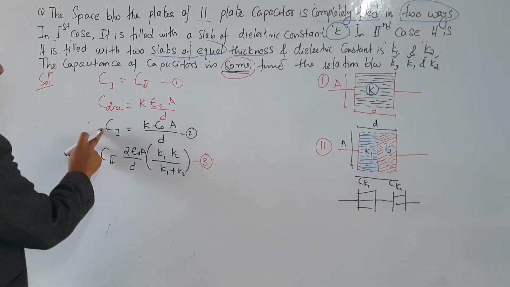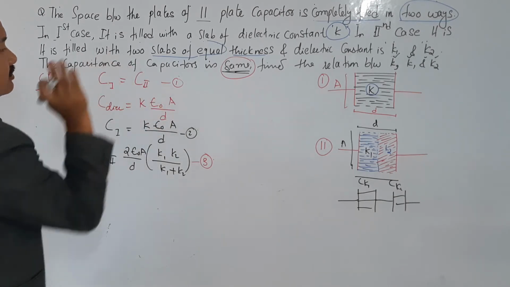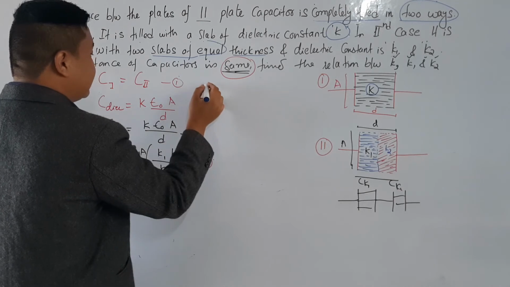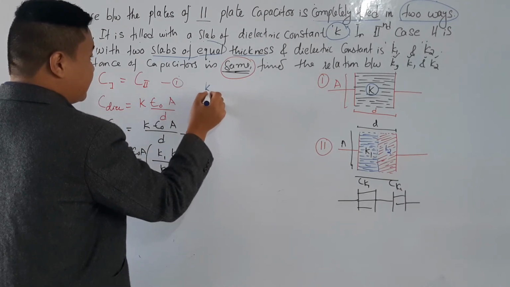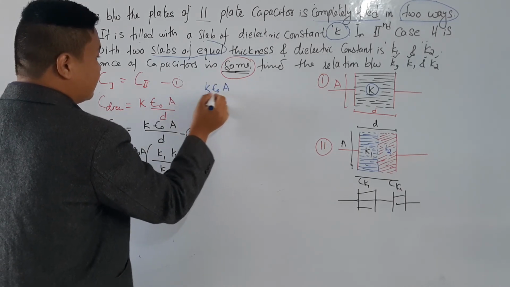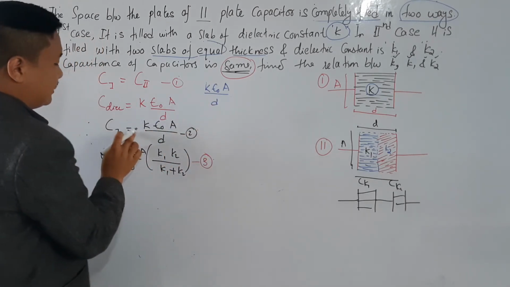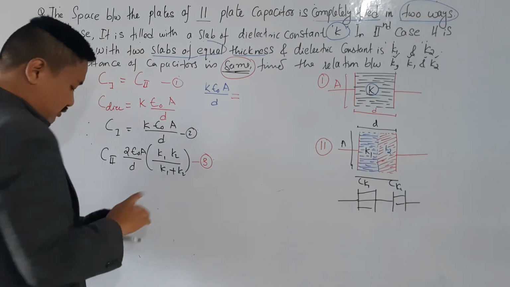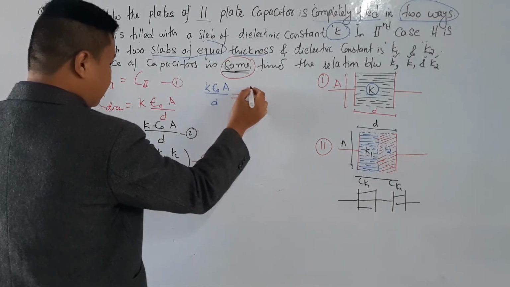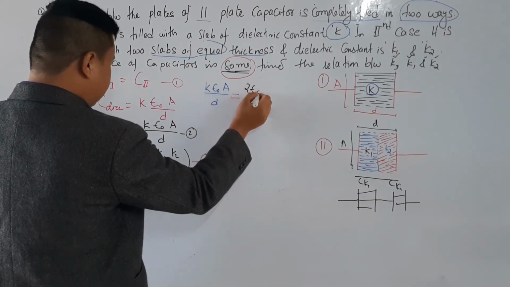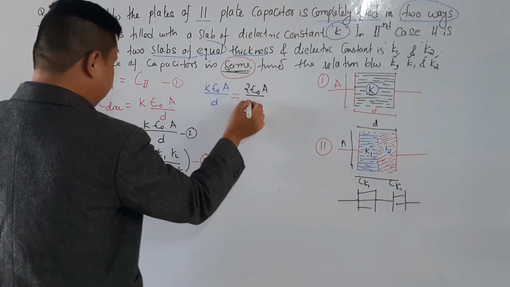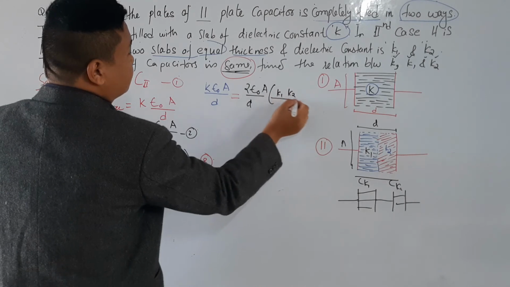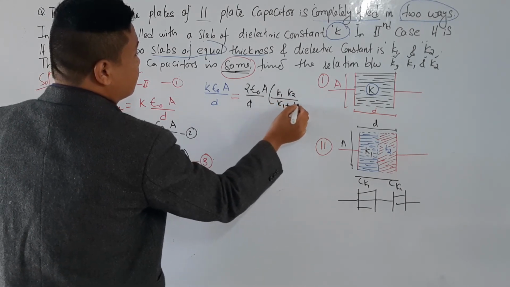Substituting the values of C1 and C2 in equation 1, what do I get? It is a 2 marks question. Substituting, I get K epsilon naught A divided by D as the value of C1, because the capacitances are equal, and C2 will be 2 epsilon naught A divided by D times K1 K2 divided by K1 plus K2.